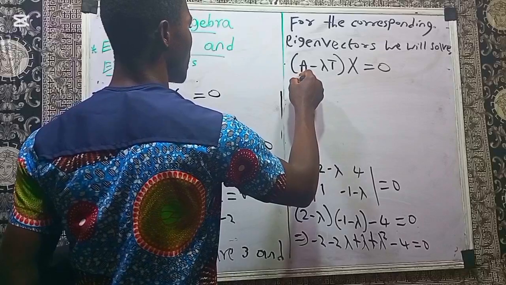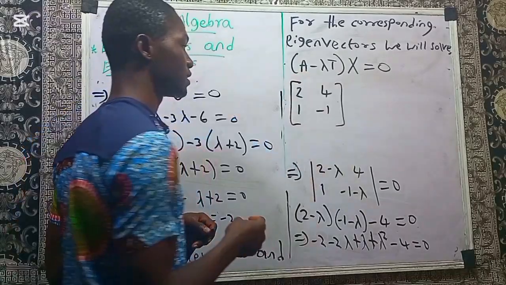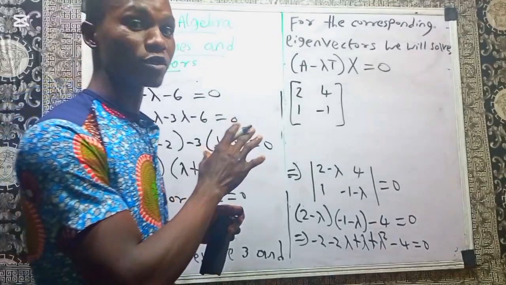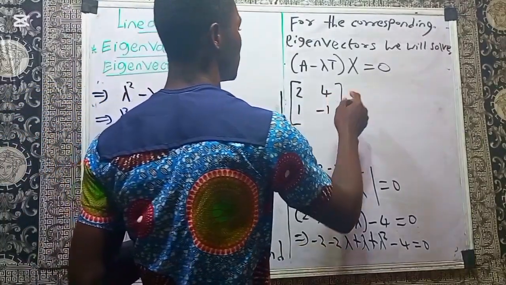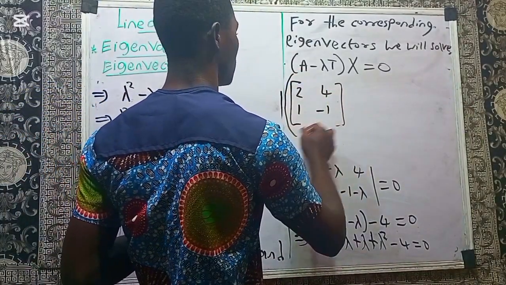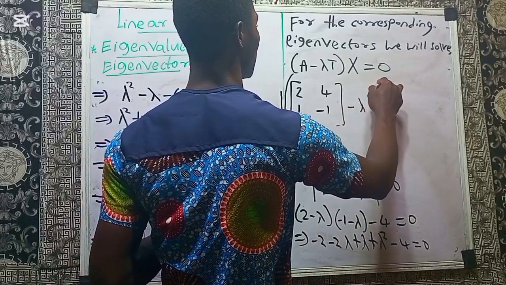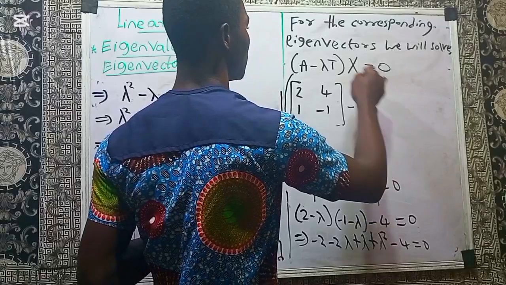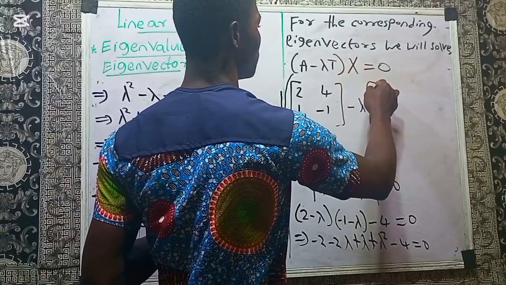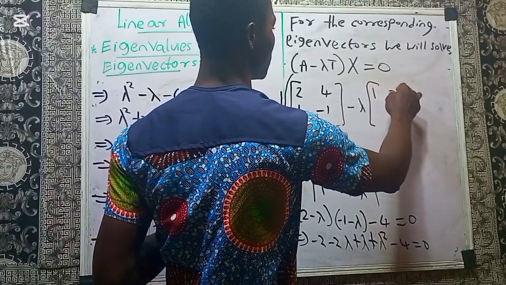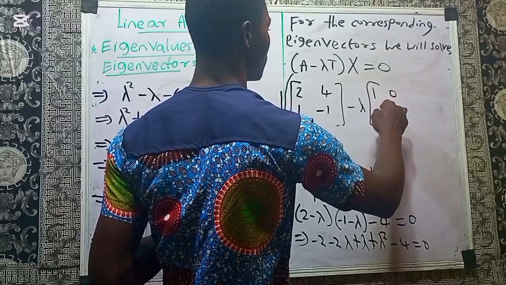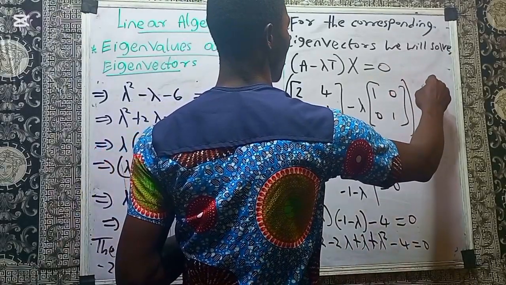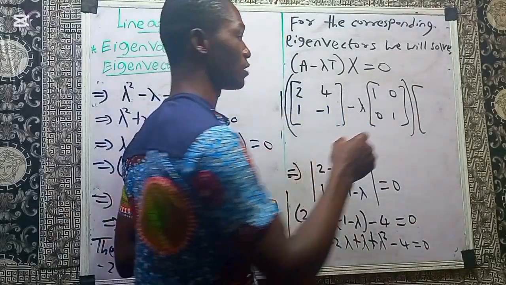So our A is the matrix we have, right? This was the matrix representation of the linear transformation we got, remember? Then minus lambda, a scalar, times the identity matrix, which has entries 1 0 0 1, multiplied by capital X, the eigenvector you are looking for.